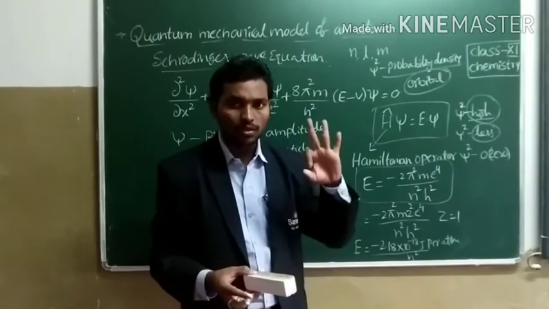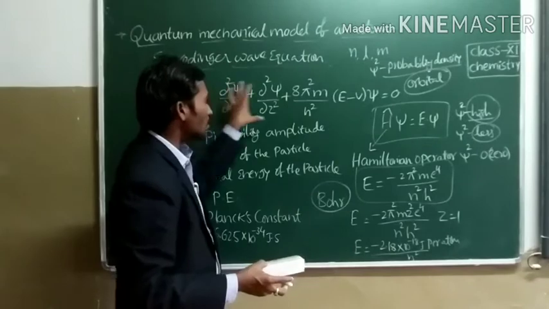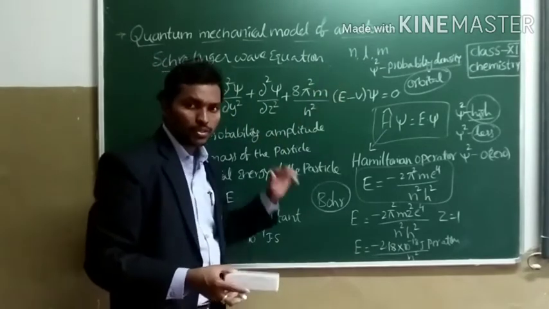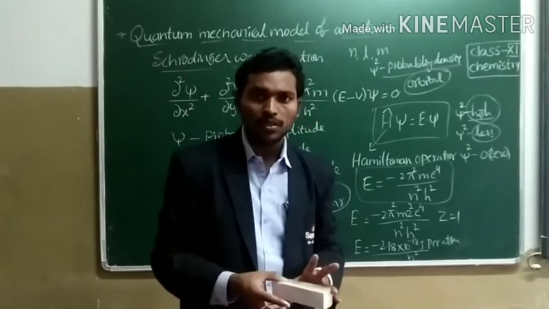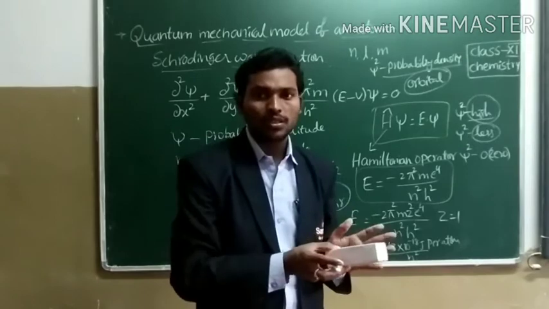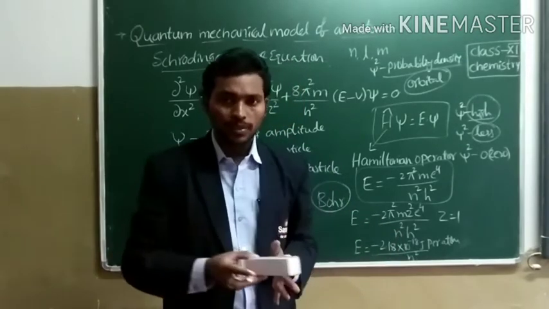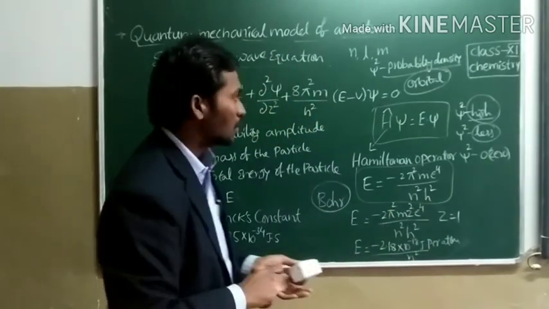The solution of the Schrödinger wave equation gives three constants. Those constants are called quantum numbers. Those quantum numbers describe the exact position of an electron in the space. So let us talk about quantum numbers today.